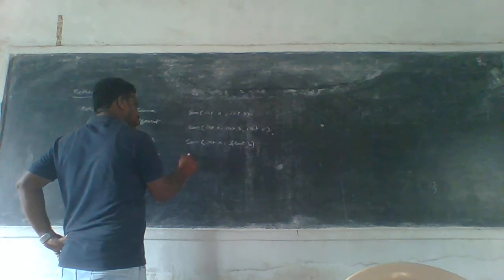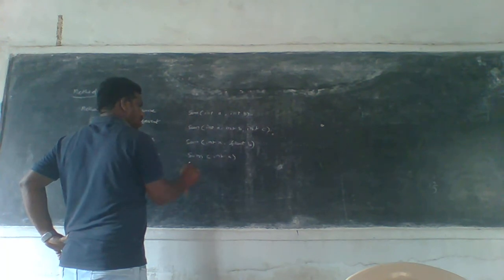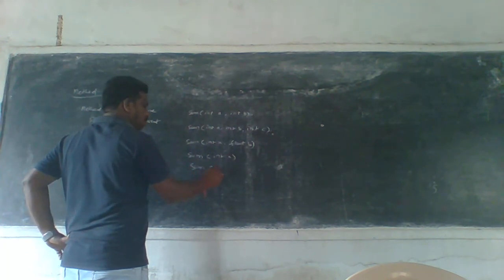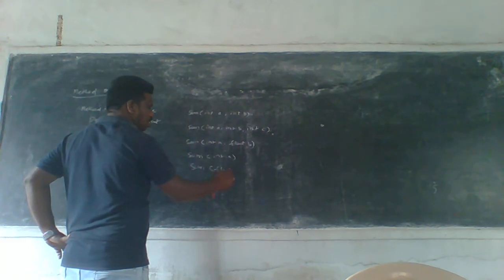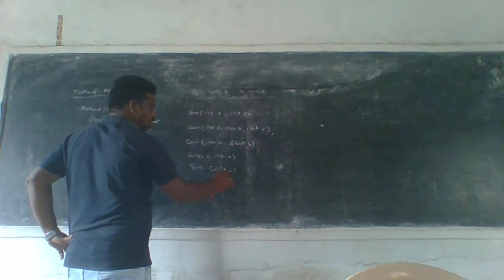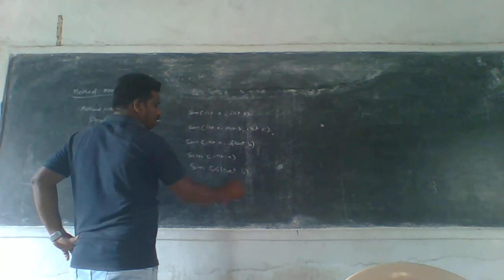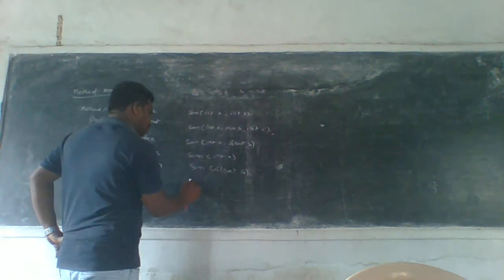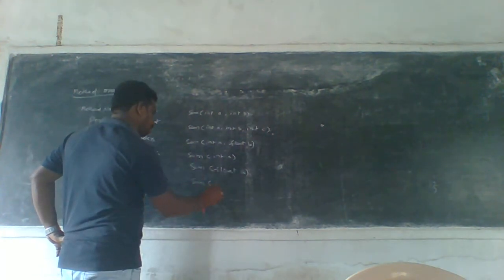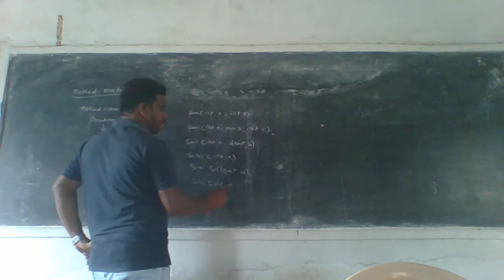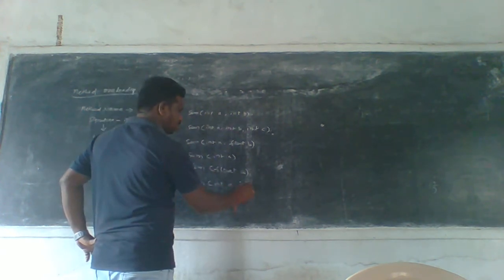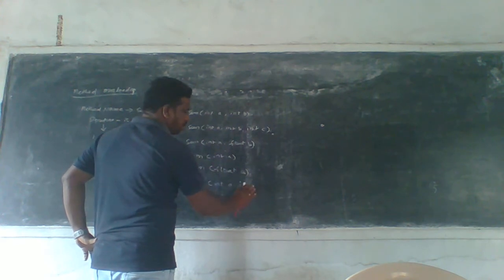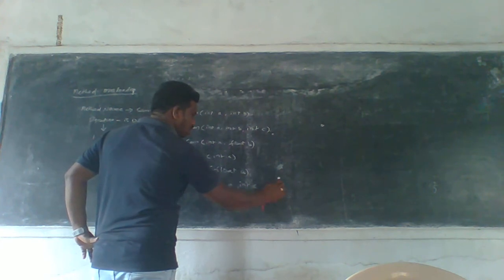Next, sum with float a, int b. Next, sum with int a, int c, and int b.